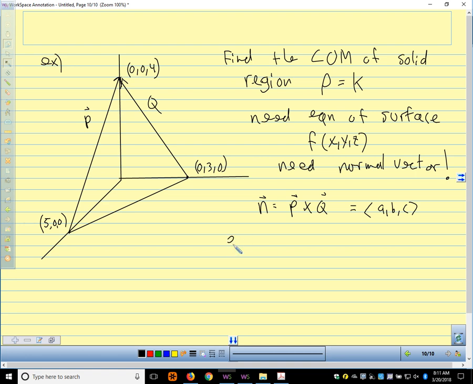And then the equation of the plane is A times x minus 5 plus B times y minus 0 plus C times z minus 0 equals 0. So this is our point on the plane. And now we have the equation of our surface, and we can set up our triple integral.